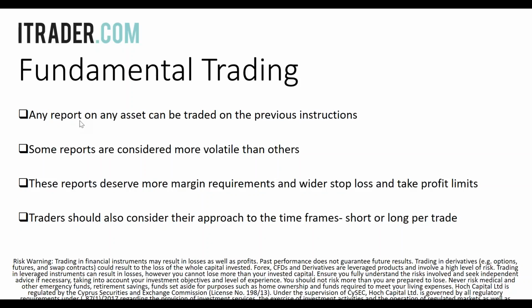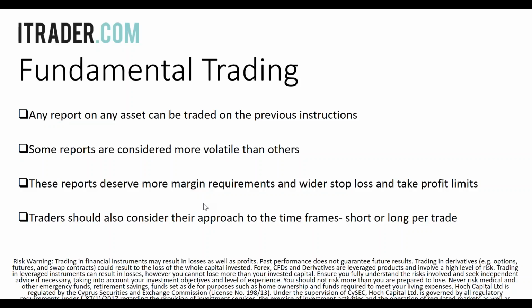Any report on any asset can be traded on the previous instructions, as I told you. Some reports are considered more volatile than others, for example, interest rate decision, the NFP. I'm doing specific webinars talking only about the big fundamental events, but just for you to know, these reports deserve more margin requirements and wider stop loss and take profit limits.